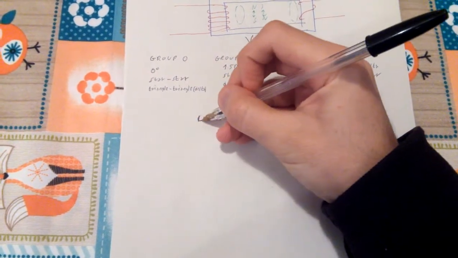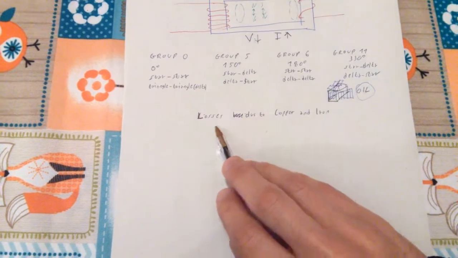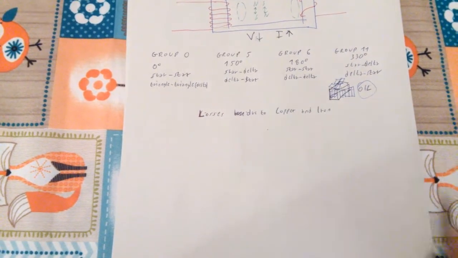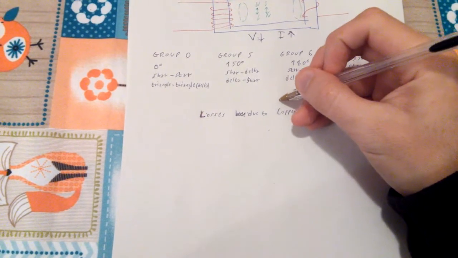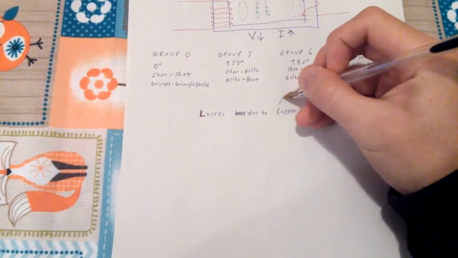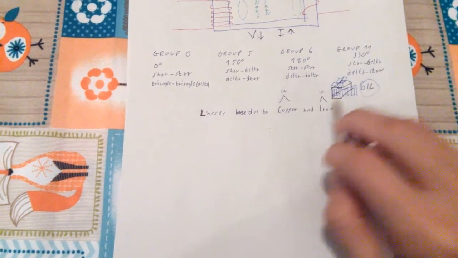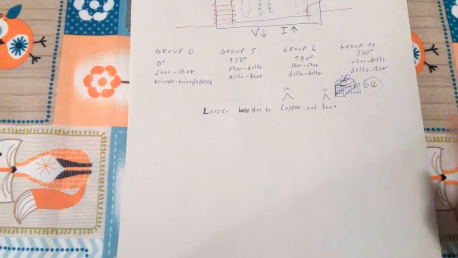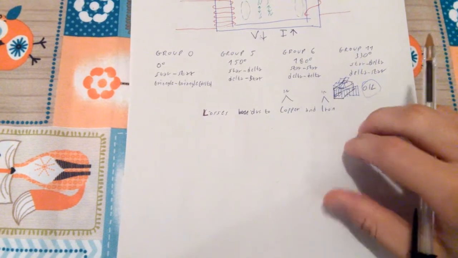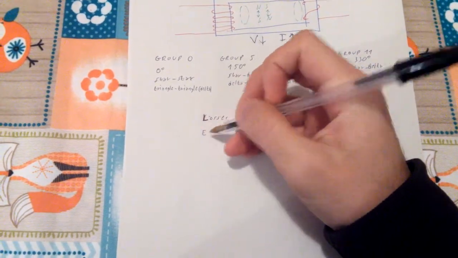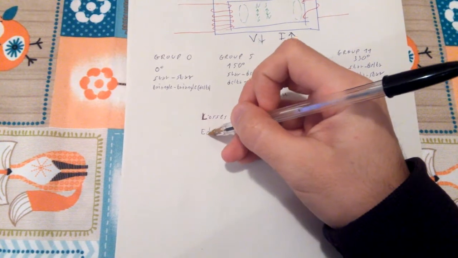Because of copper and iron. So inside the copper and inside the iron, we do have those losses because of something called eddy currents.